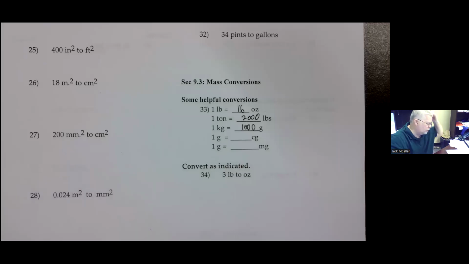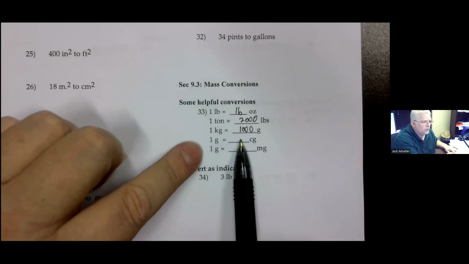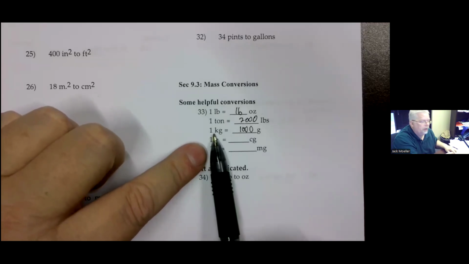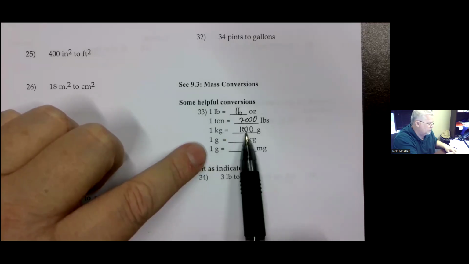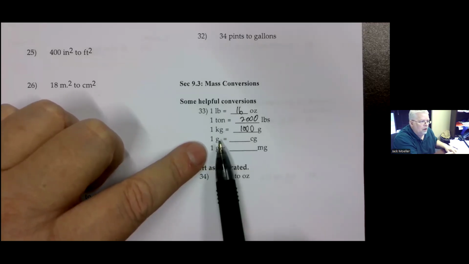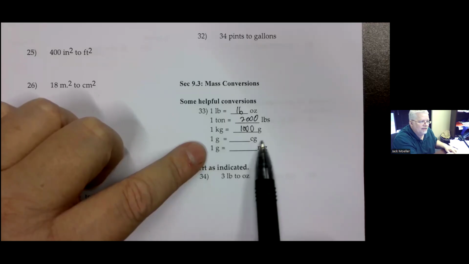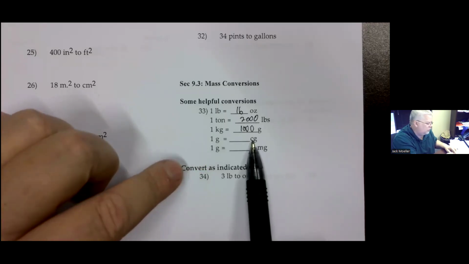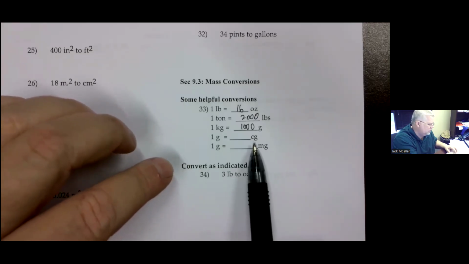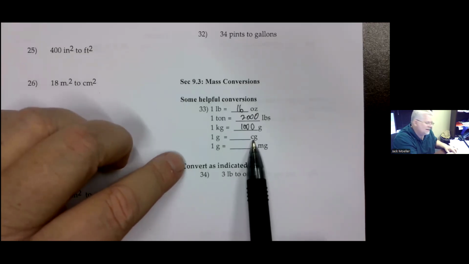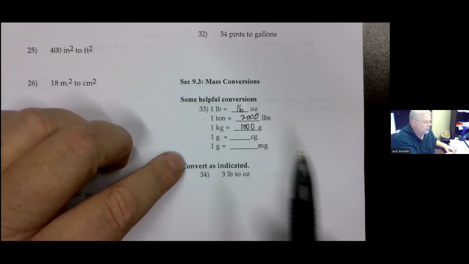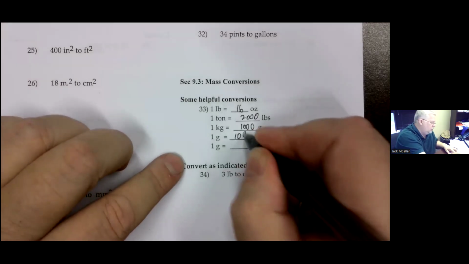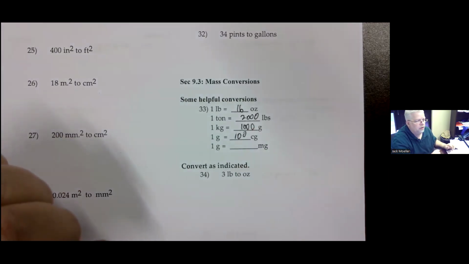Now, for the metric system, the prefixes work the same. Kilo is 1,000, and it's the bigger one, so 1 kilogram is 1,000 grams. When we talk about CG, as we've talked about with centimeters, centi means 1/100th, so there are 100 centigrams in a gram.